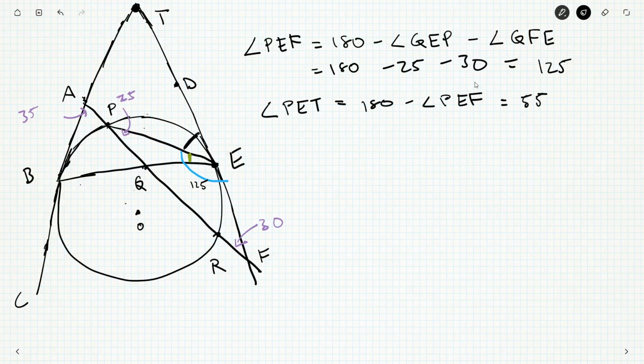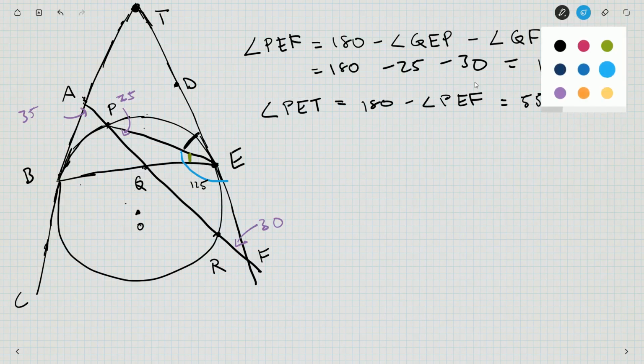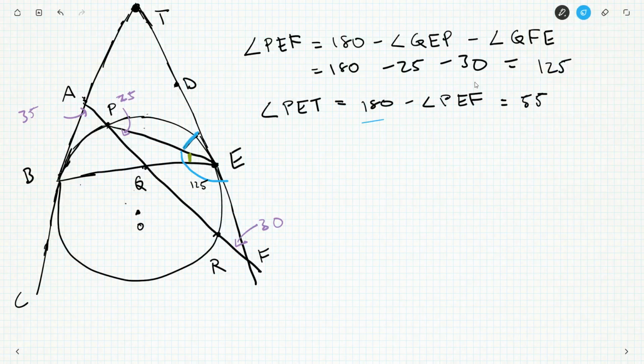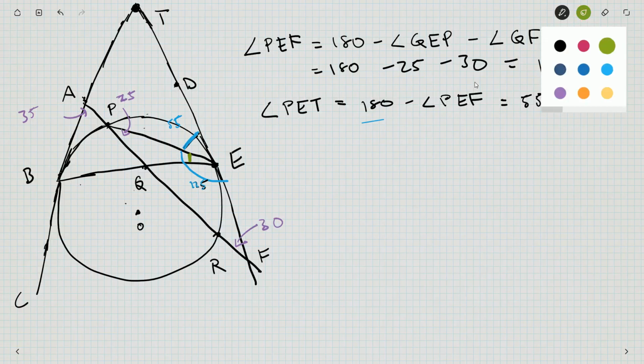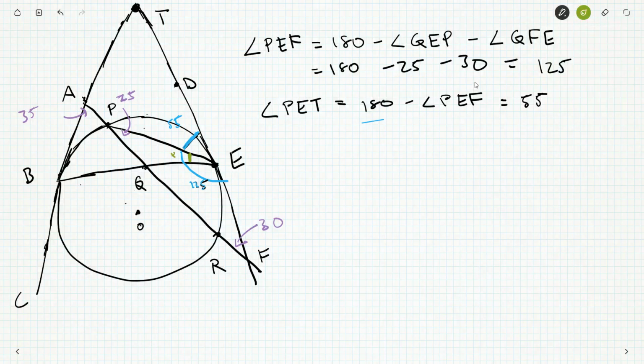That's going to be 55. 125, 55 here. Nothing else is really jumping out at me, so I'm going to let angle PEQ equal X.